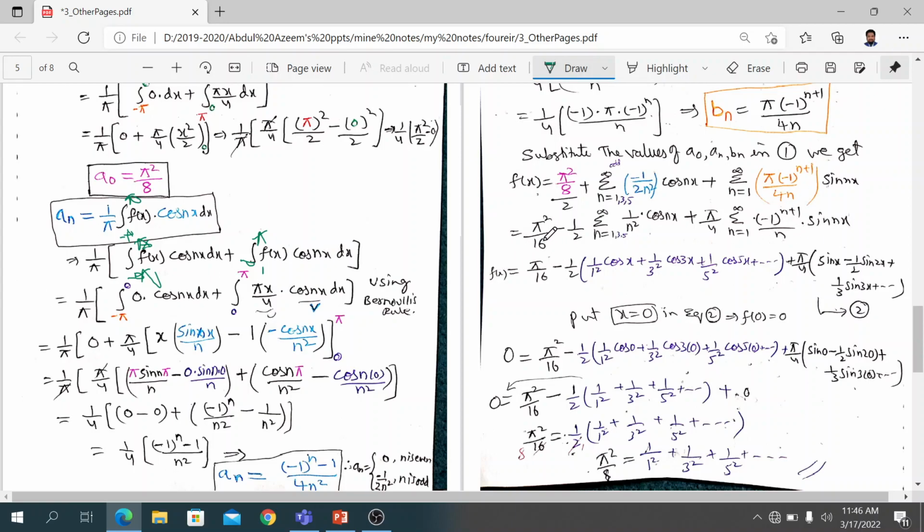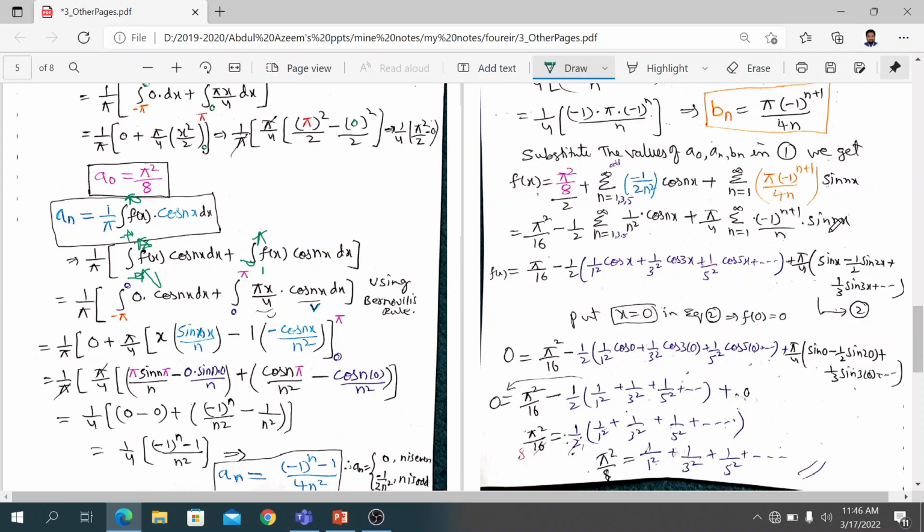So f of x equals pi square by 16 minus 1 by 2. Now apply here n equals 1, 3, 5: 1 by 1 square cos 1x plus 1 by 3 square cos 3x plus 1 by 5 square cos 5x and so on, plus this pi by 4.